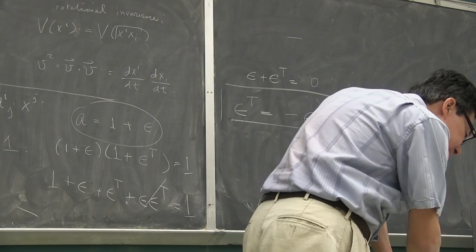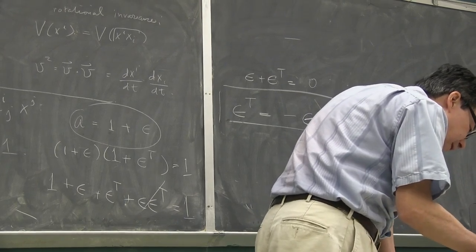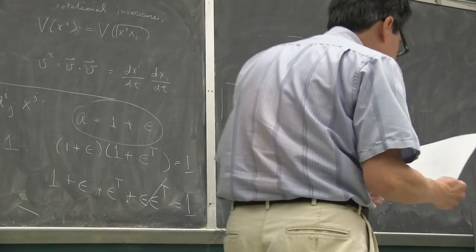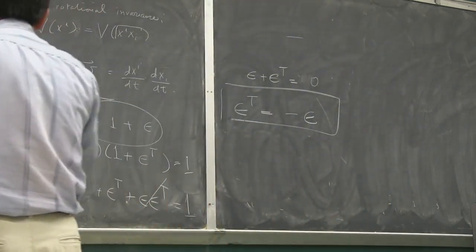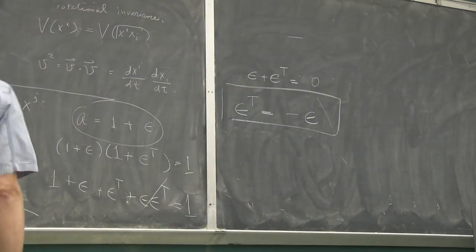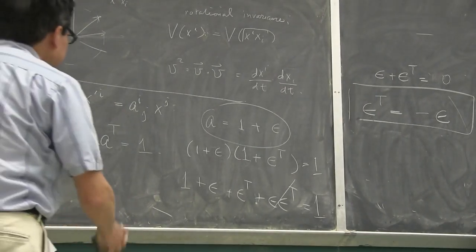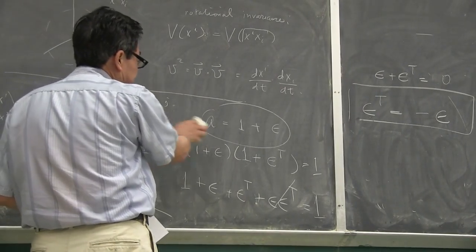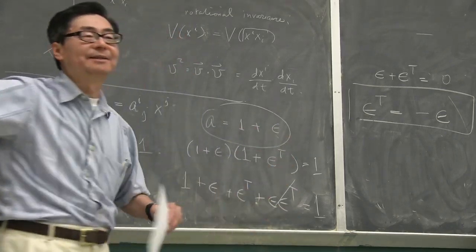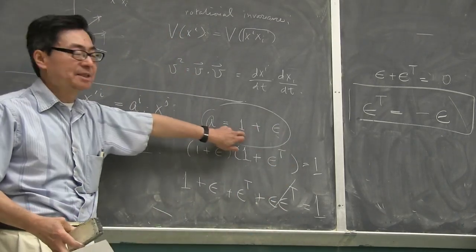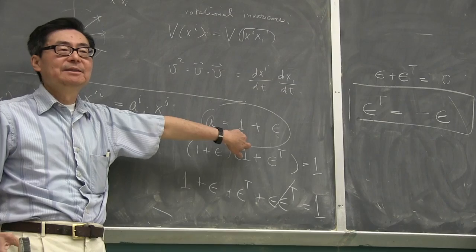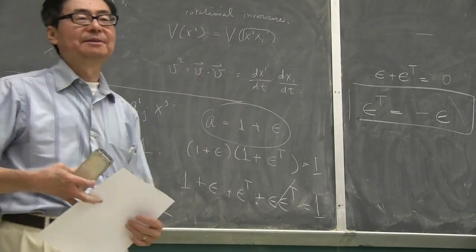Now let's figure out what the transformation looks like. If I let A_ij be delta_ij plus epsilon_ij, the identity matrix is delta_ij, the Kronecker delta, and epsilon_ij is whatever it is.